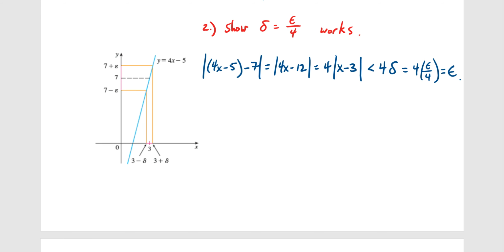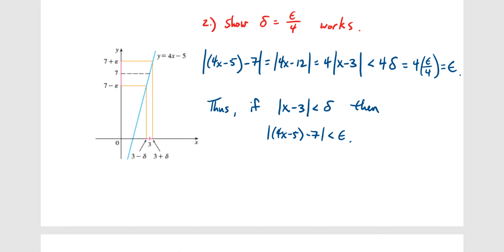We have to finish it off by saying, thus, if the absolute value of x minus 3 is less than delta, then the absolute value of 4x minus 5 minus 7 is less than epsilon.